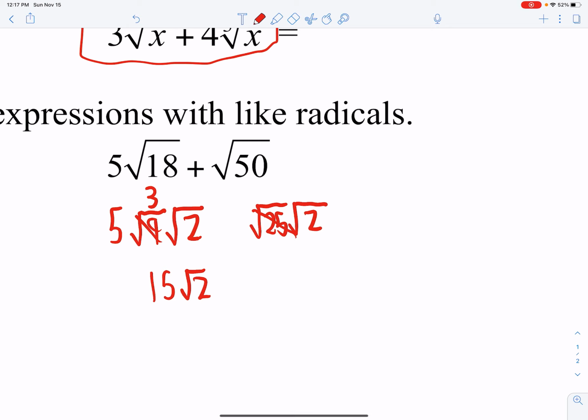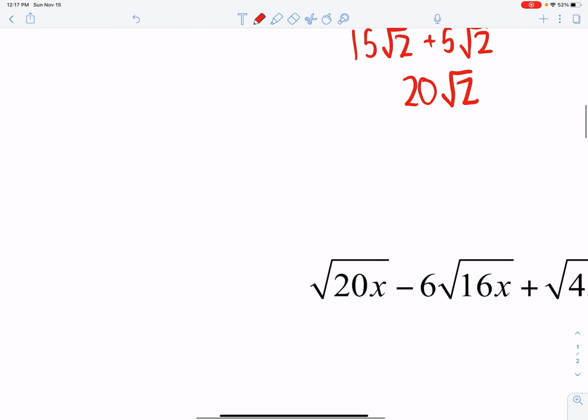And the square root of 25 is 5. So that next term is 5 square root of 2. And then to finish the problem, we combine the like terms because they have the same root part. By adding the numbers at the front, we would end up with 20 square root of 2. So you simplify the roots, and then if you have like terms, you combine them.